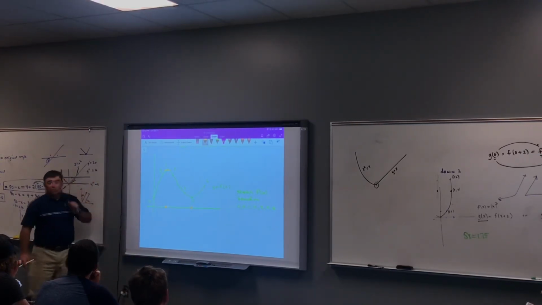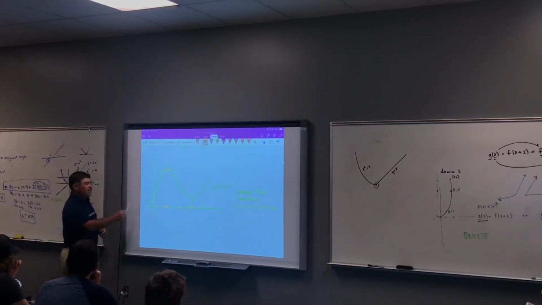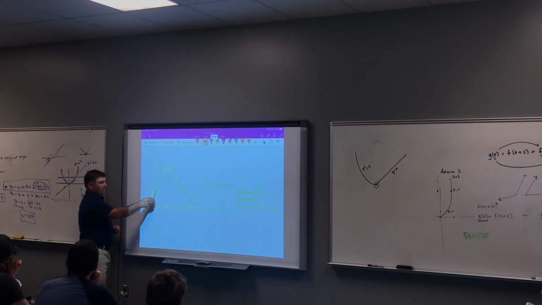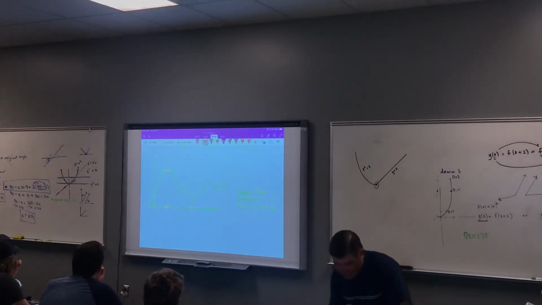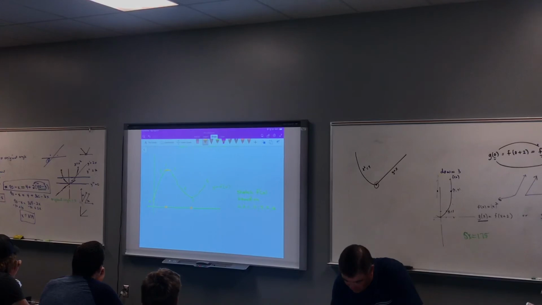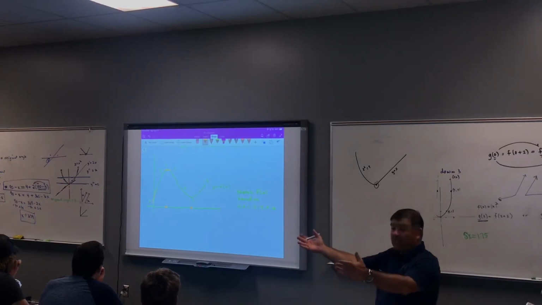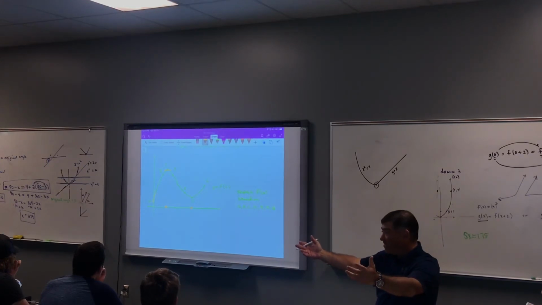Okay, so let's take it at A. Give me a numeric estimate for what you think the tangent line slope at A is. 3-ish. I heard 4-ish. Okay, it's steep, is it not?